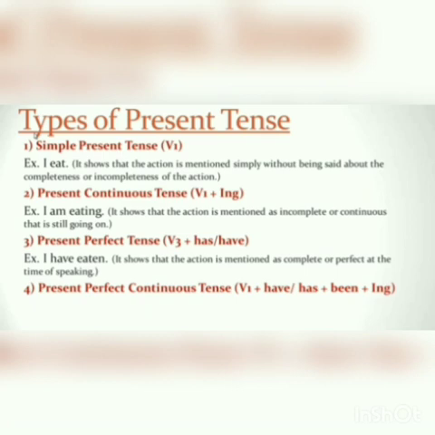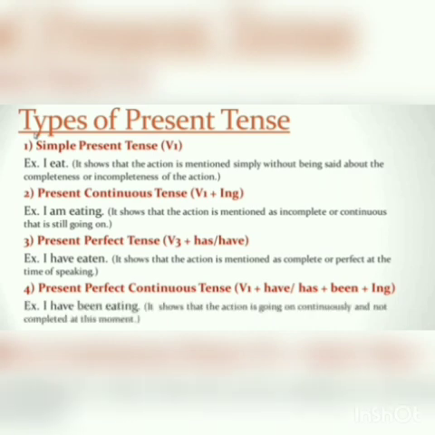Fourth one, present perfect continuous tense. It seems somewhat lengthy and problematic, isn't it? But nothing of that sort, children. Let's see the structure. V1 plus have or has plus been plus ing. You have an additional been. Okay. Example, I have been eating. It shows that the action is going on continuously and not completed at this moment.